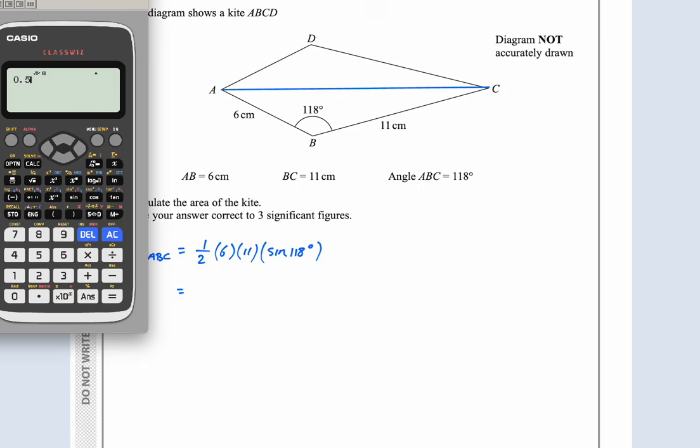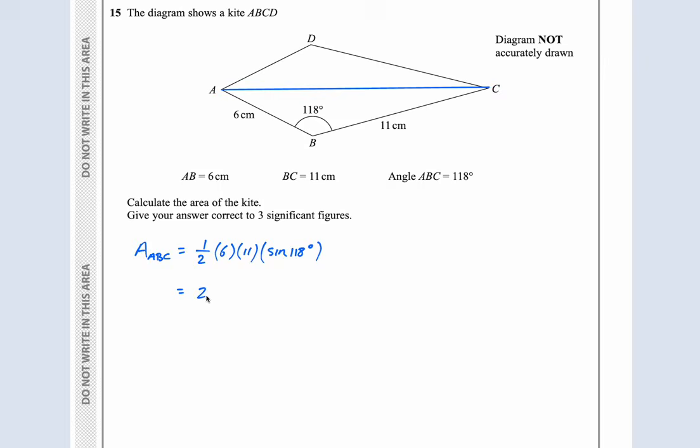A half is 0.5 times 6, a half times 6 times 11 times sine of 118, close brackets, and I get 29.137. This is 29.137.